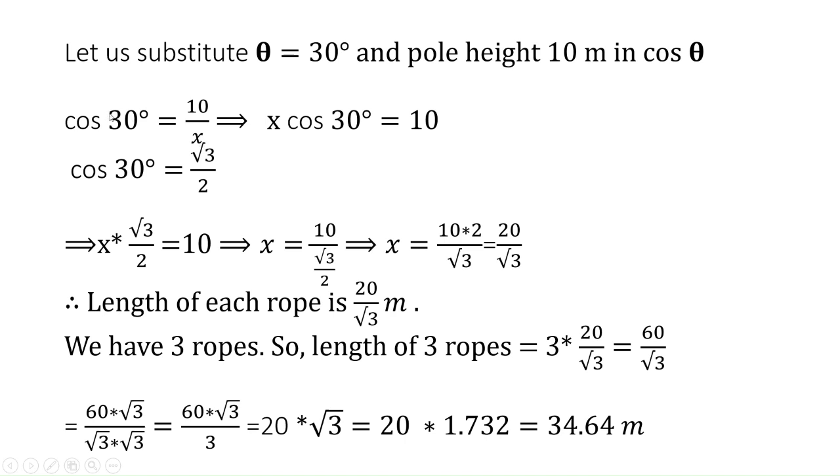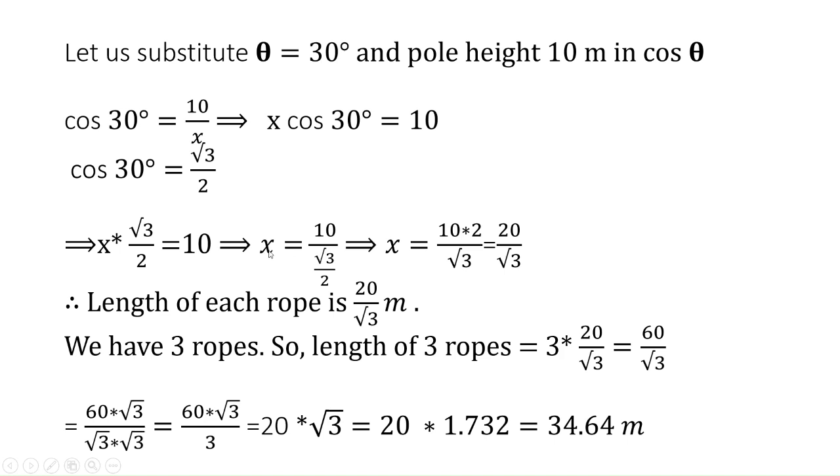So by transposing the terms, x into cos 30 is equal to 10. But we know cos 30 value as root 3 by 2. Just I am substituting cos 30 here. That means x into root 3 by 2 is equal to 10. Again, we are transposing all the constants one side.